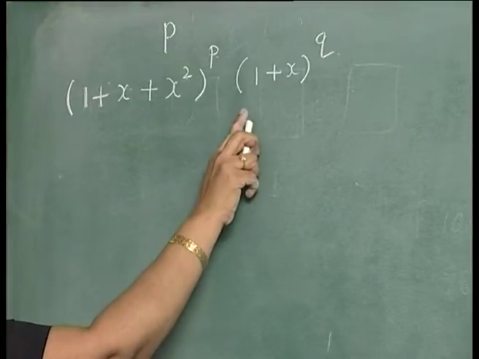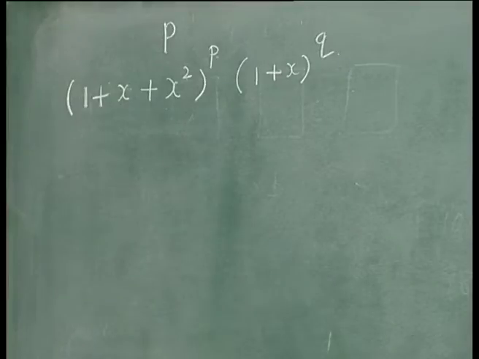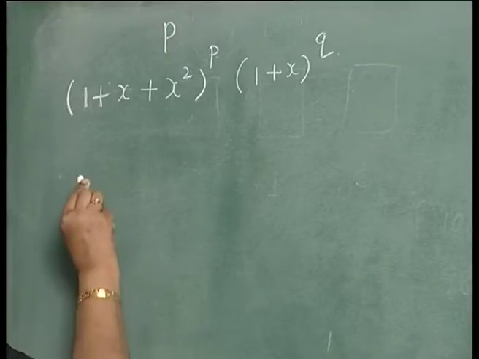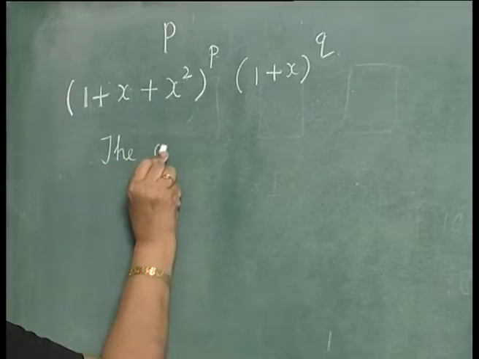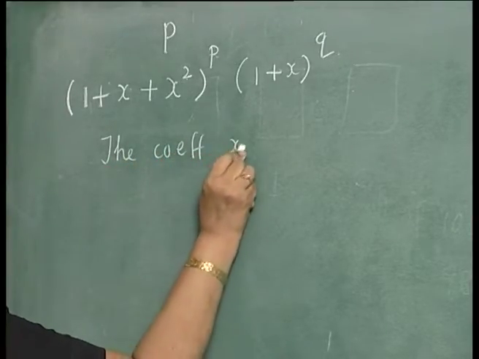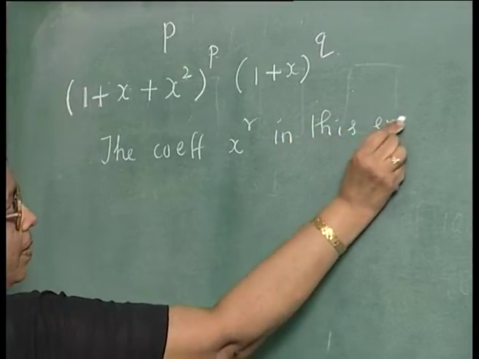So, either you can select it or not select it, and totally you are expected to select r objects out of the actually 2p plus q objects. In that case, what is the number? The answer is the coefficient of x power r in this expression.